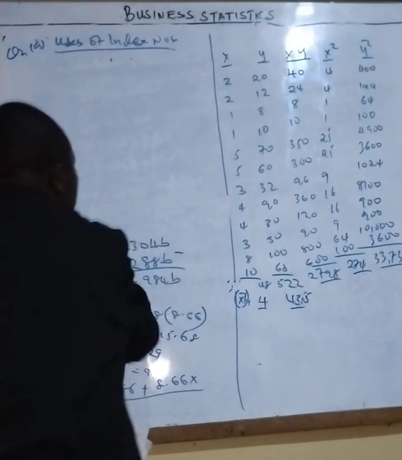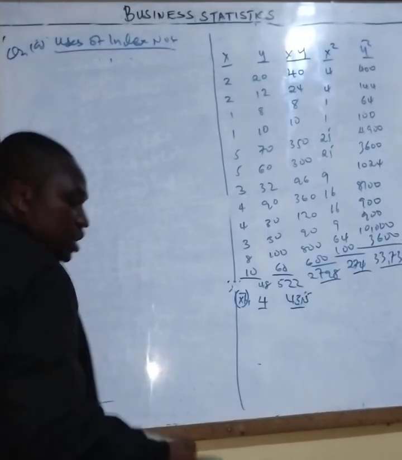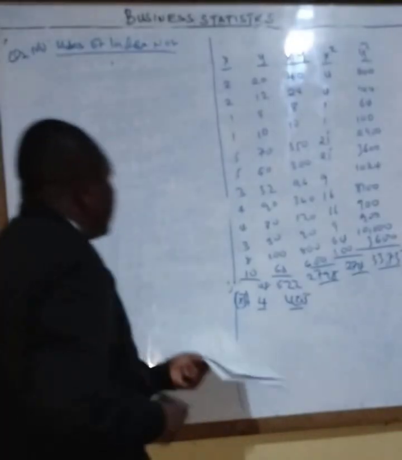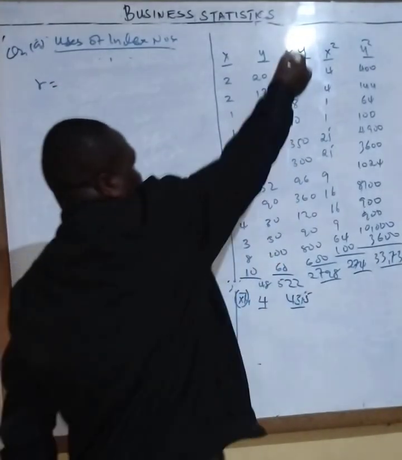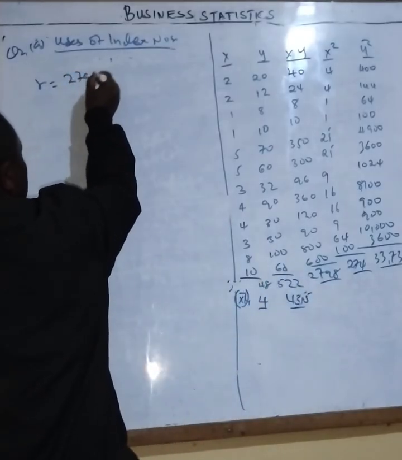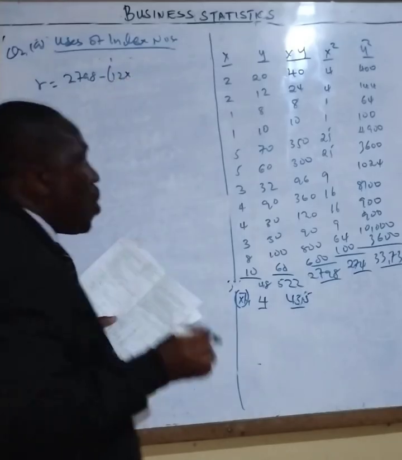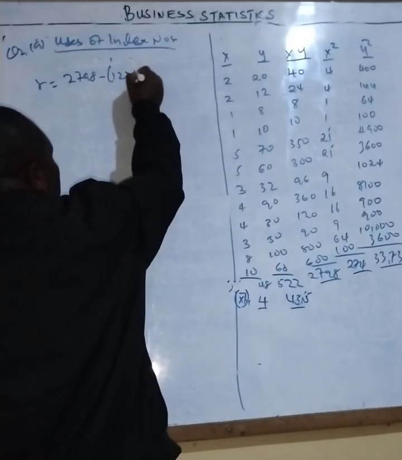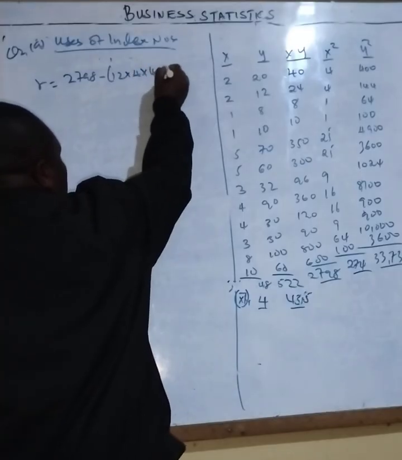Roman 2, you are asked to calculate the coefficient of correlation. Coefficient of correlation, which we have said, will be R equals summation of XY, which is this figure here. So you put here 2,798 minus N, which is 12, times mean of X, which is 4.4, times mean of Y, 43.5.